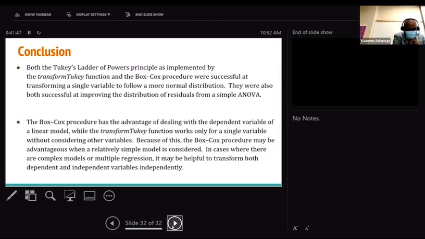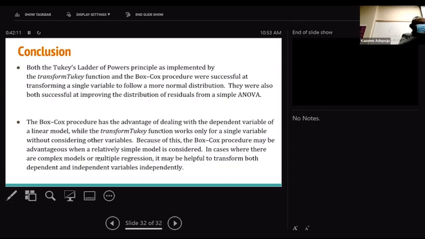Okay, now, and that was why I said because of this, the Box-Cox procedure may be advantageous when a relatively simple model is considered. In cases where there are complex models or multiple regression, you know what I mean? When I have more than one factor, then it doesn't make sense using a Box-Cox.